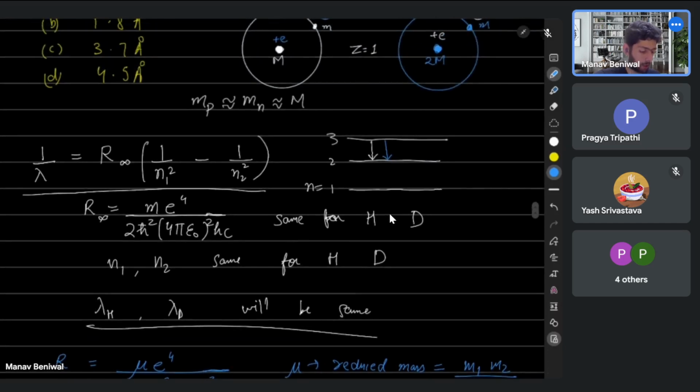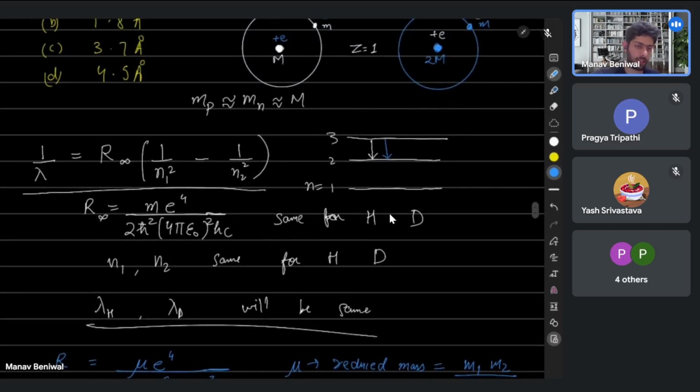Okay, now for convention, let us also make one definition. So we can write this as k times m.